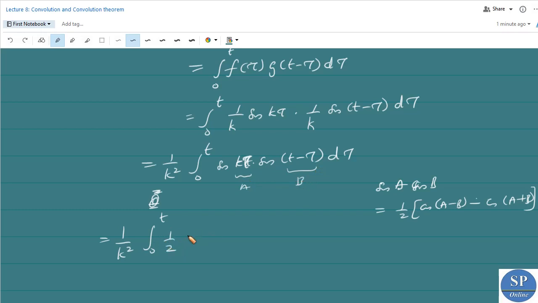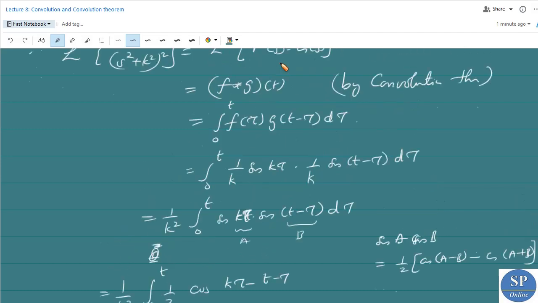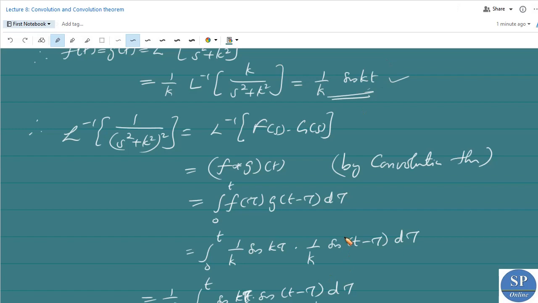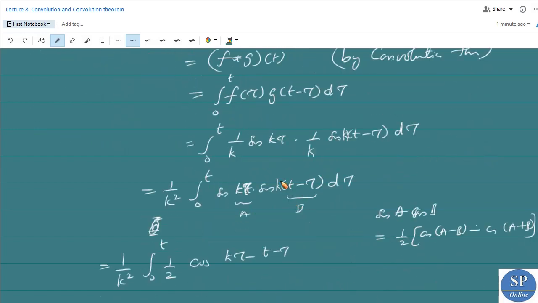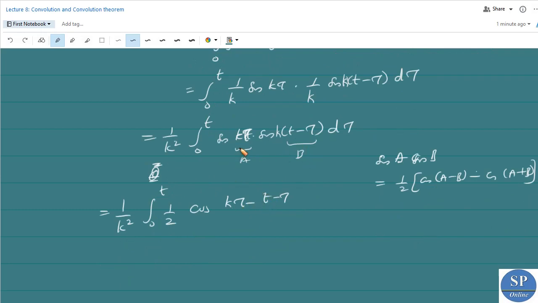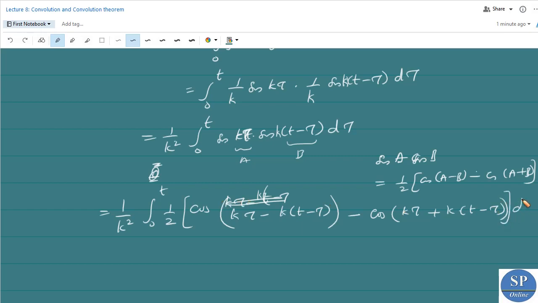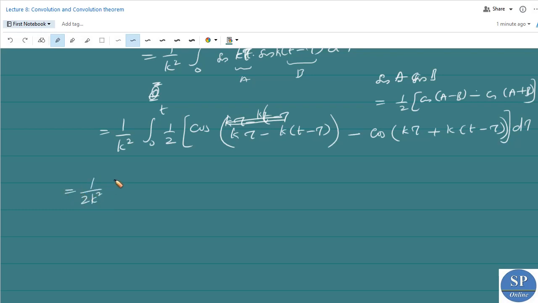So 1 by 2 into cos(a minus b), which is cos of k tau minus k into t minus tau, then minus cos(a plus b), where a plus b is k tau plus k(t minus tau), into d tau.